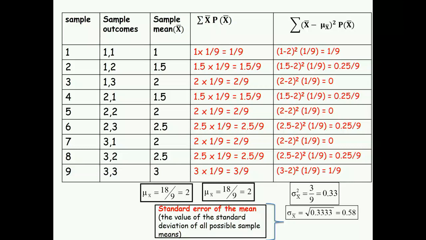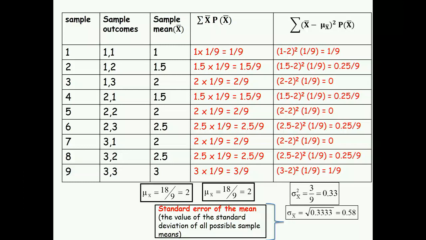Now I am calculating the variance. When I calculate the variance based on my sample, my variance is 0.33. Then I calculated my sample standard deviation. My sample standard deviation is 0.58.